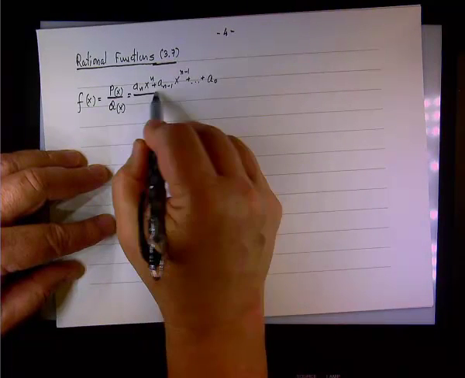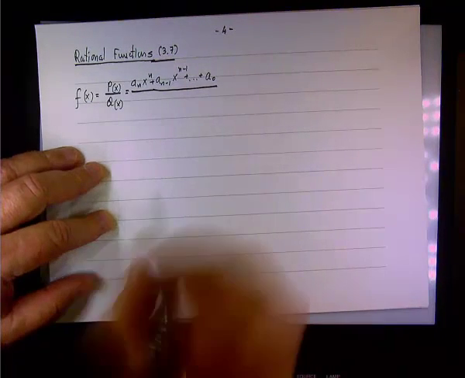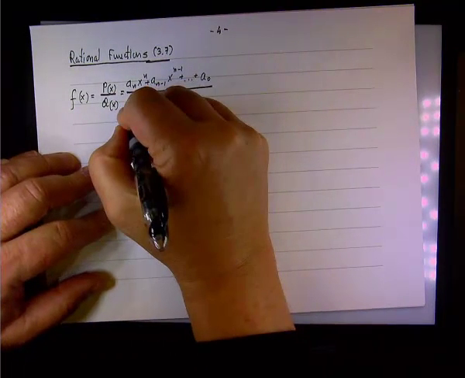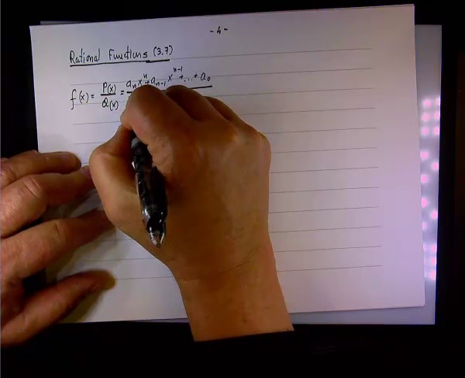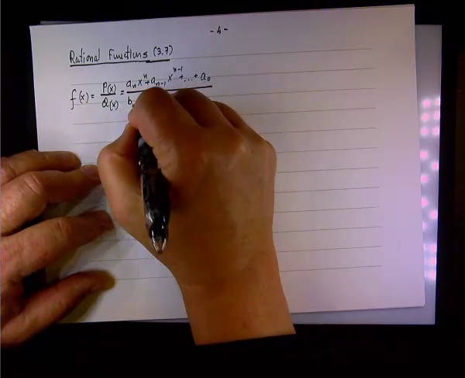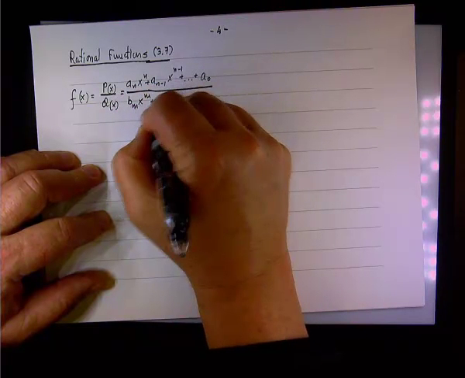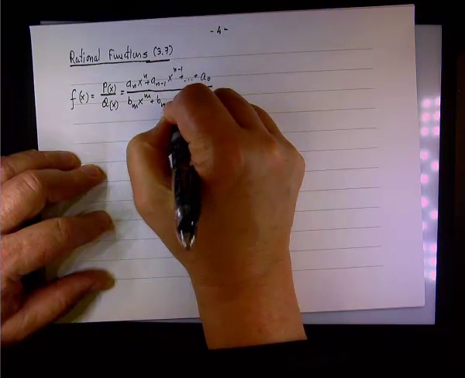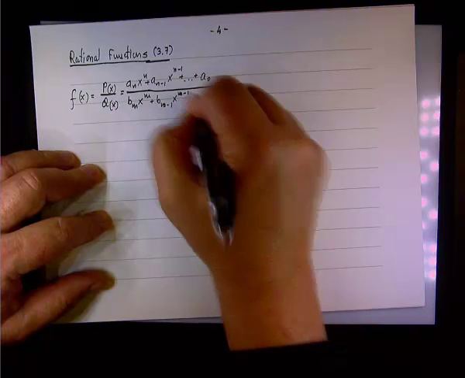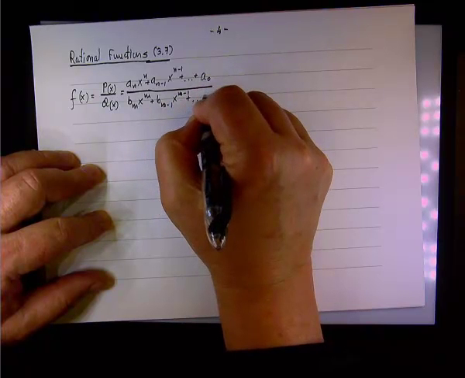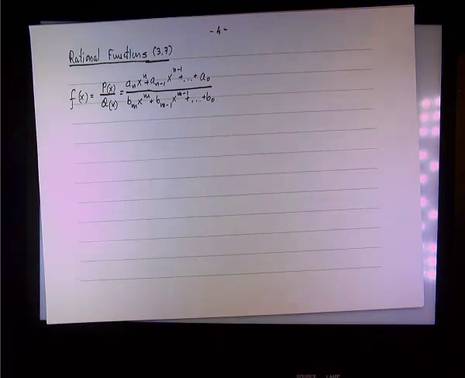And then the denominator is another polynomial. Let's make the coefficient of this polynomial b and the degree m. So we have b sub m x to the power of m plus b sub m minus 1 x to the power of m minus 1 plus dot dot dot b sub 0.